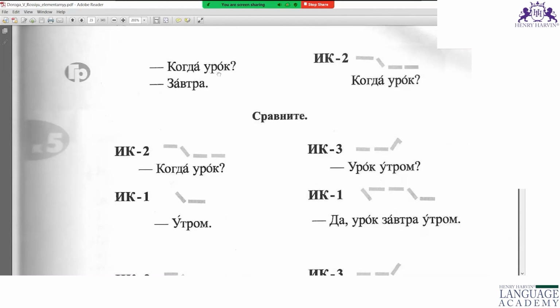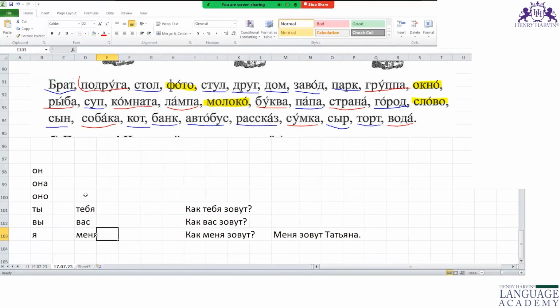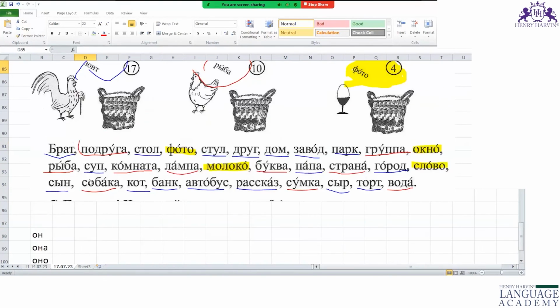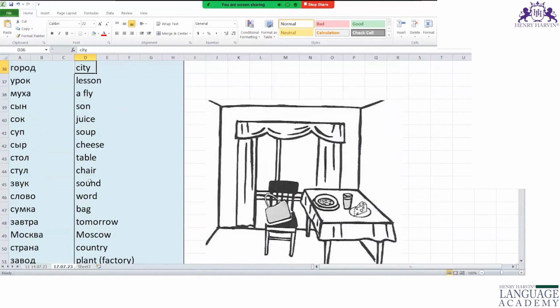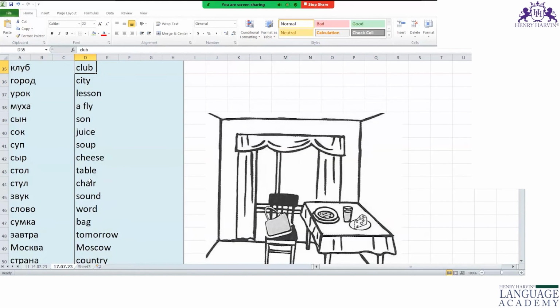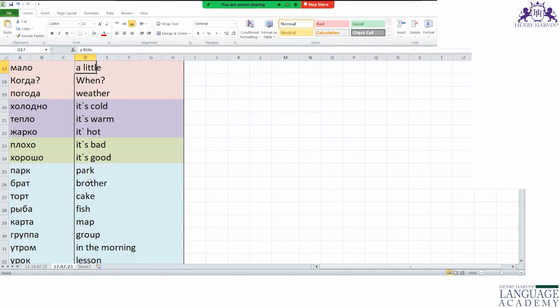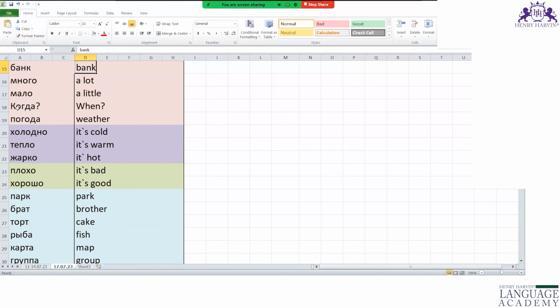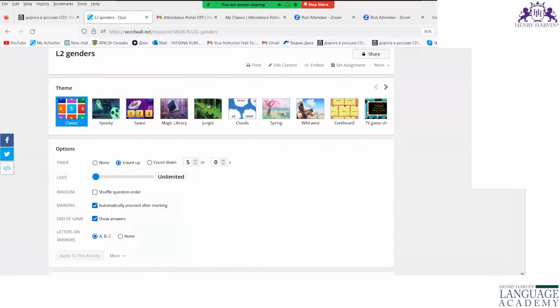Okay. Когда урок? Завтра. We had a question here. Когда was in our vocabulary list. Somewhere we had it. I know there were so many new words here. I'm not asking you to remember them all. No, not possible. Когда is when. So когда is when.